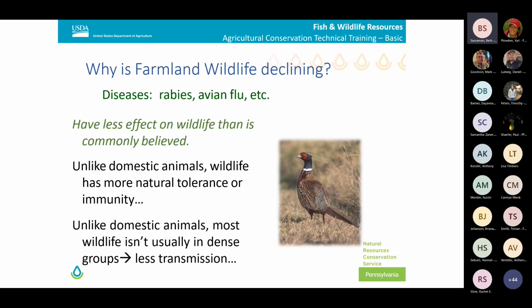When we see an issue with poultry flocks and the influenza, it affects all the birds because they're all in one small area. In most cases, the wildlife are more dispersed, so there's less transmission, so there's less decline as a result of those kinds of diseases. And rabies is the same thing. There are positive reports of rabies in wildlife regularly, but it doesn't cause any widespread population decline.